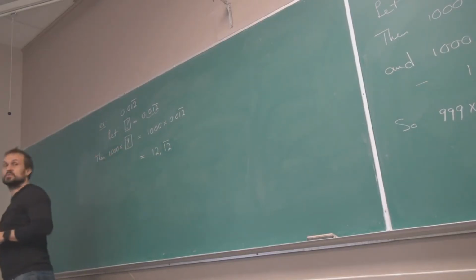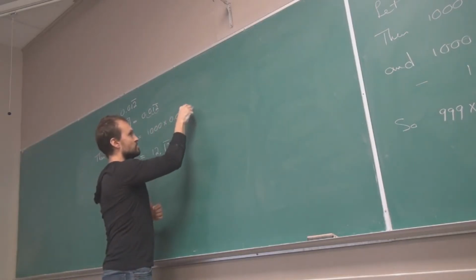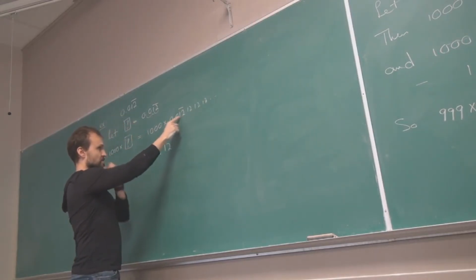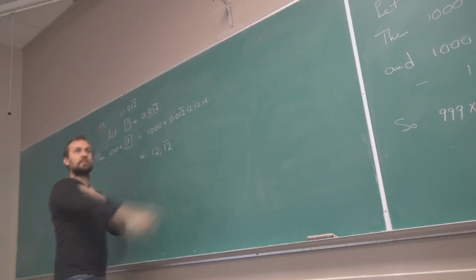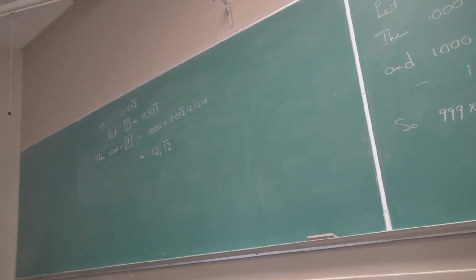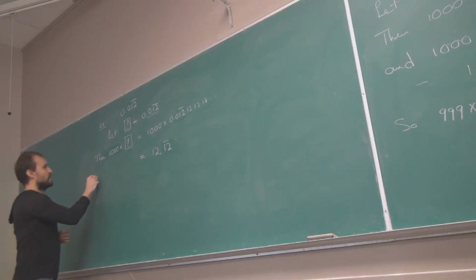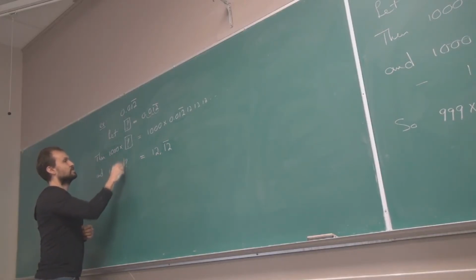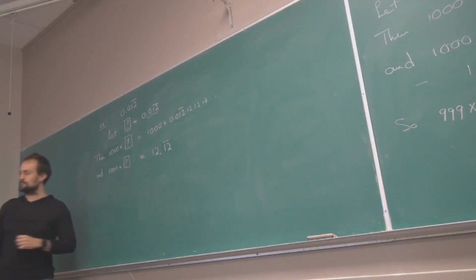Because that's the only repeating portion. These are 1, 1, 2, 1, 2, 1, 2, blah, blah, blah. So once I shift it, I have just 1, 2s everywhere. The 0 was only there in the beginning. And I have my 1,000 question mark apples.